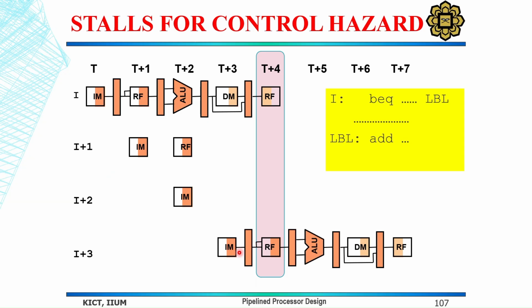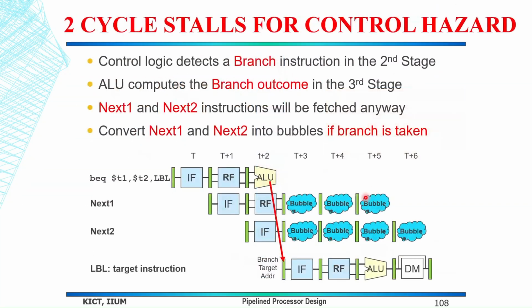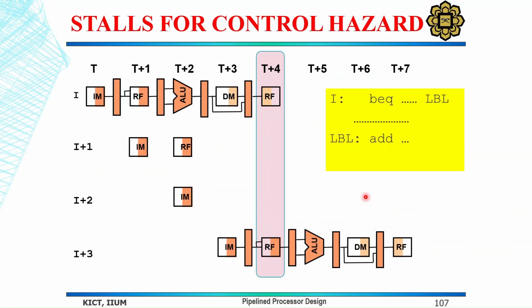Here is an example. We have a branch equal instruction, BEQ, branching to a label. The branch target address is computed in the ID stage. We are going to actually take the branch in this cycle. So the instruction at the label, which is the target, is shown at I plus 3.